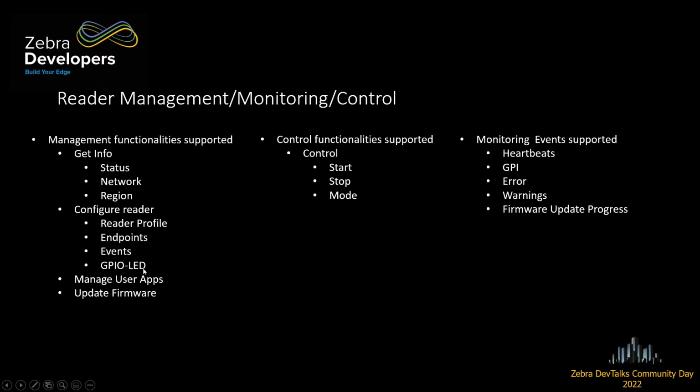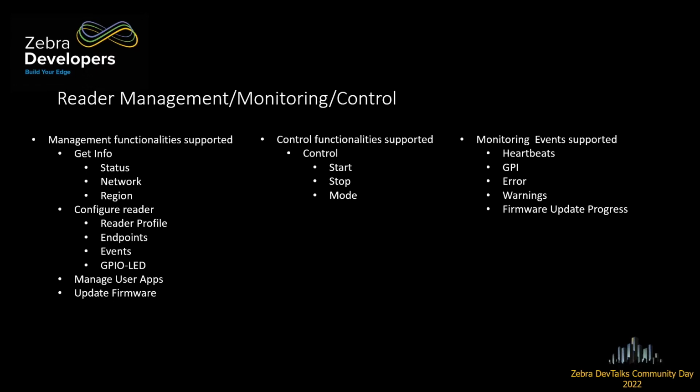Using the IoT connector interfaces, you can also configure the GPIO LED module. With the introduction of IoT connector, what is now also possible is that IoT Connector provides rules-based management or control of GPIOs and LEDs.